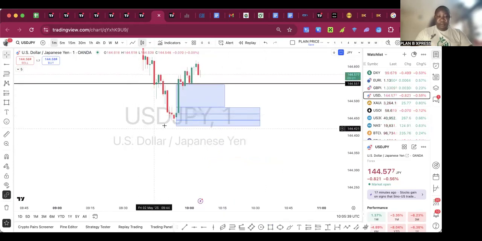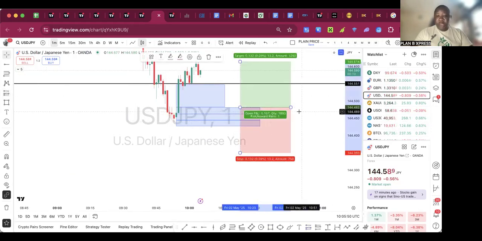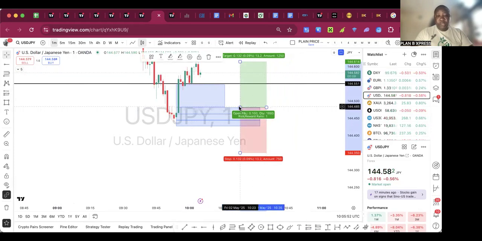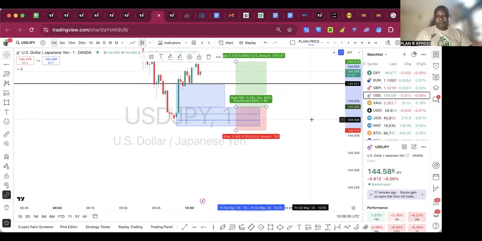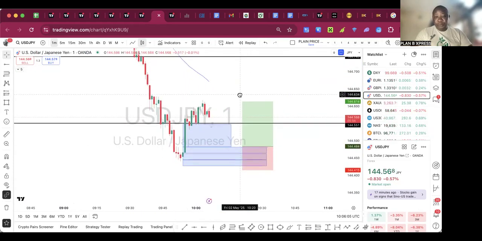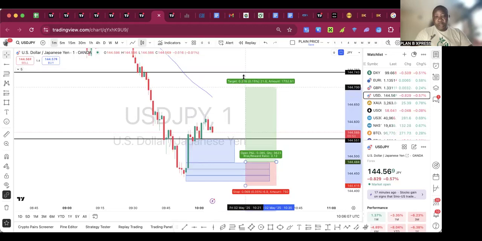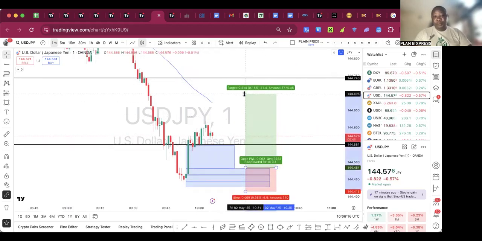So my entry coming anywhere here, my stop loss can be anywhere here. But remember, because of the nature of the market, I put my stop loss a little bit below that. Calculating 1:2, it's already 1:3, but calculating 1:2 will be somewhere below even the 50 moving average.